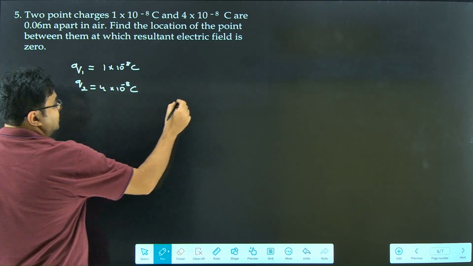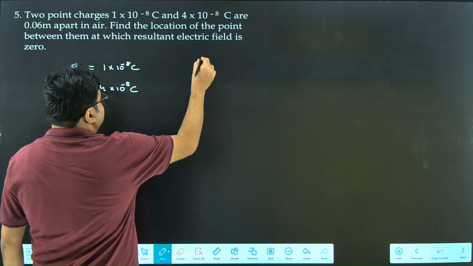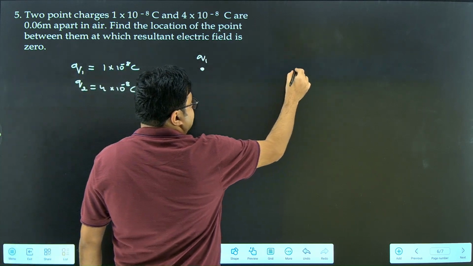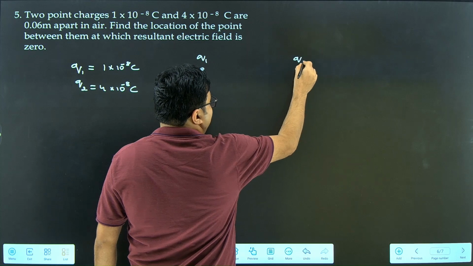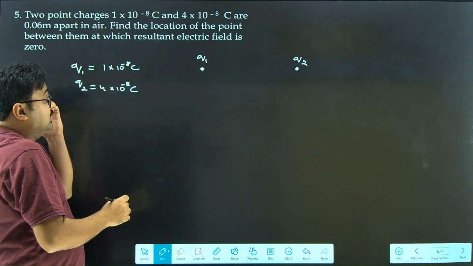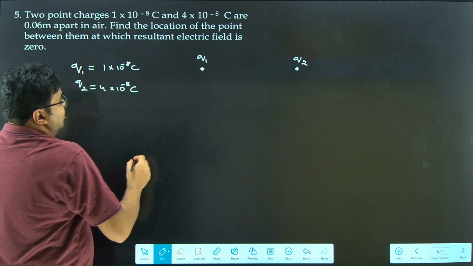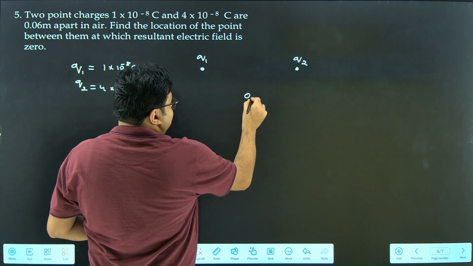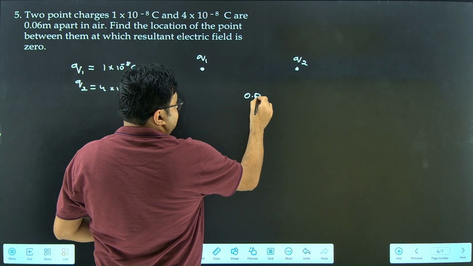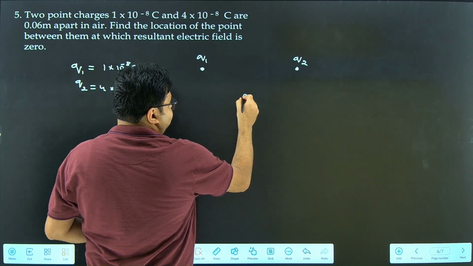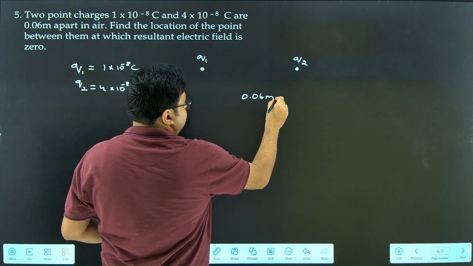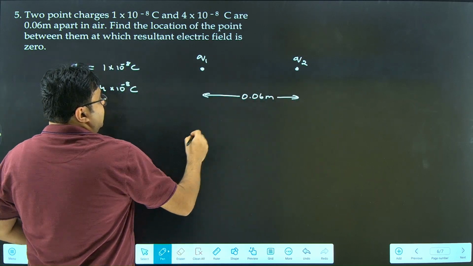Let's visualize this. We have charge number 1, that's Q1, and there is another charge here, let's say that is Q2. They are 0.06 meter apart, so the distance between them is 0.06 meter, right?